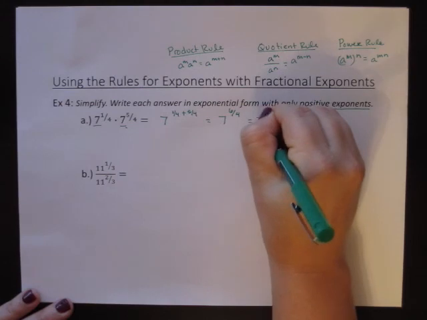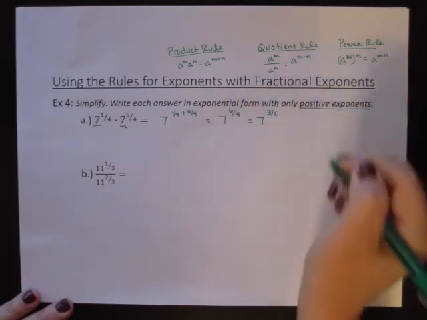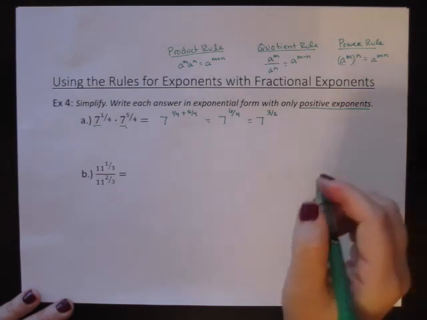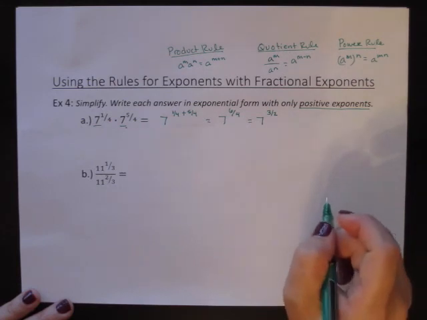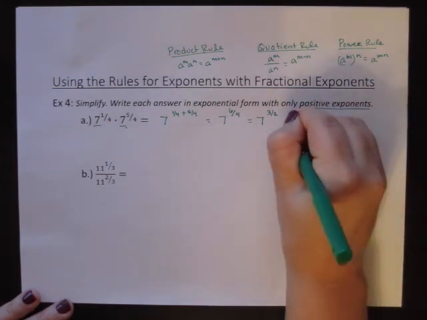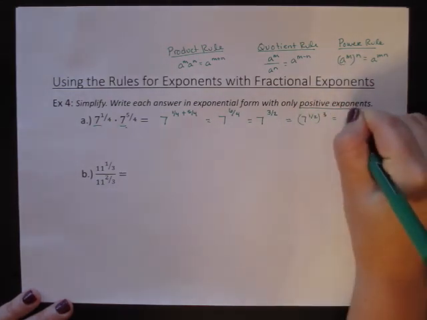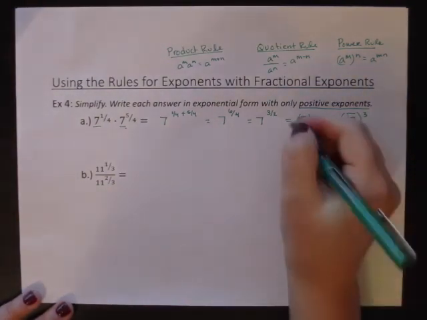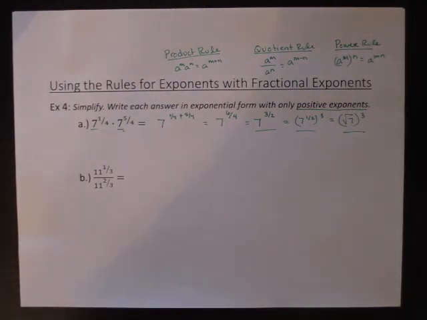Both of them are even, so it would be 7 to the 3 over 2. You can leave it here, or you can clean it up like this: 7 to the 1 over 2 raised to the third. So that would be the square root of 7 raised to the third. Either one of those would work for me.